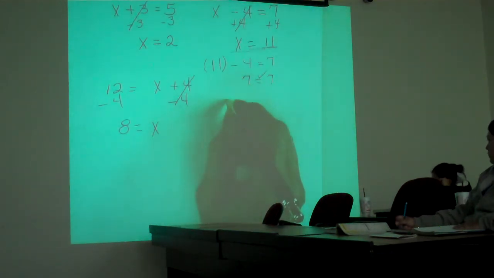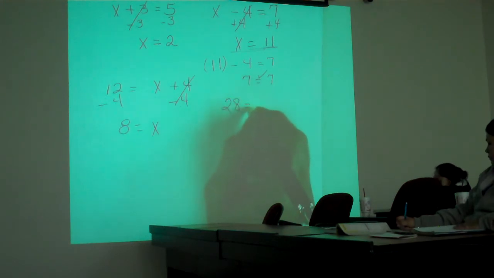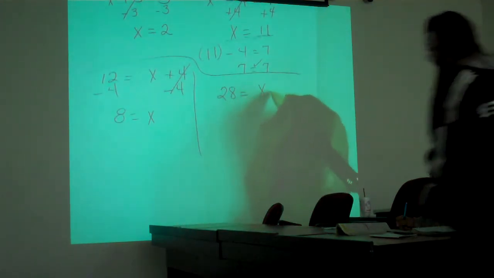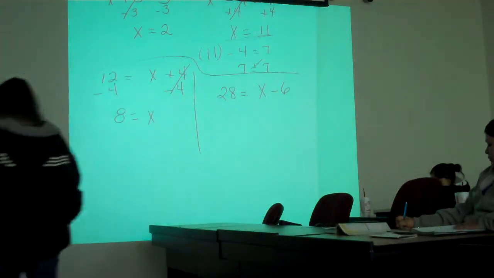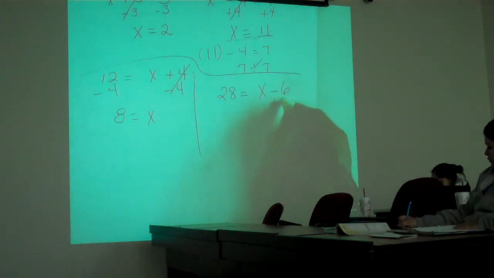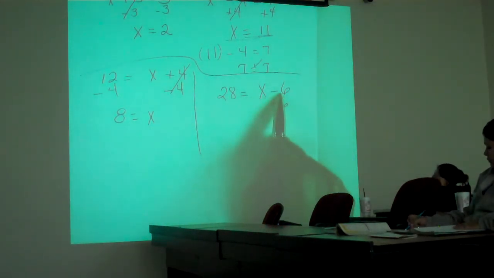Okay, if we have one that has 28 equals x minus 6. What are we going to do to both sides? Add how much? 6. Right. Got to add the part that's by the variable.